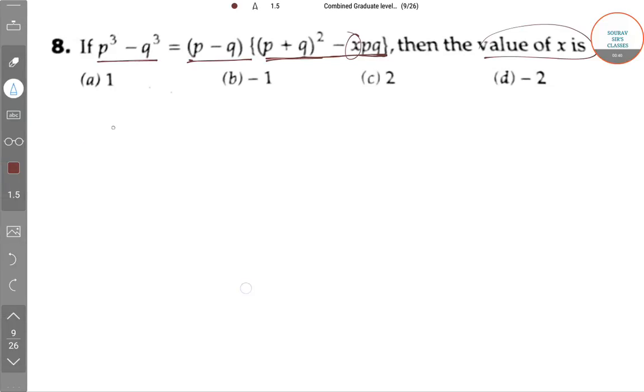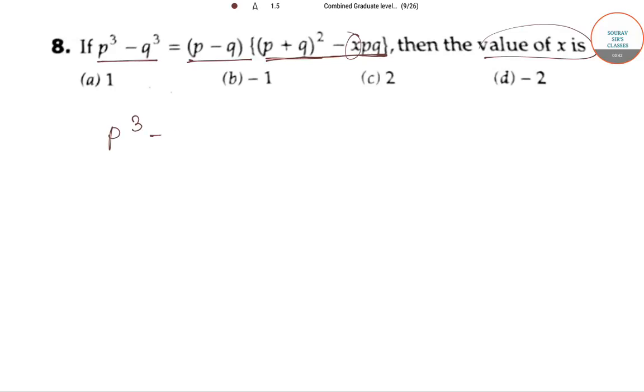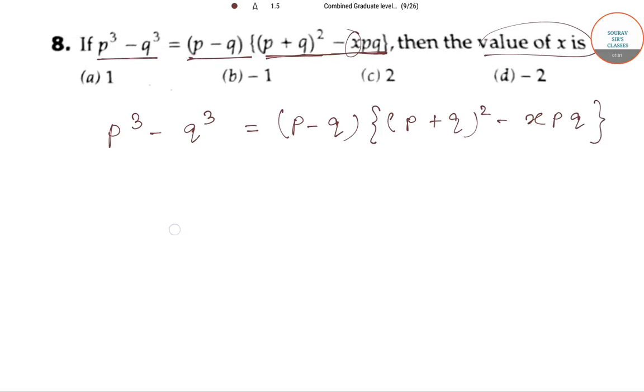So p cube minus q cube equals (p minus q) in the first bracket, then the second bracket starts: (p plus q) whole square minus xpq. So this is our equation.